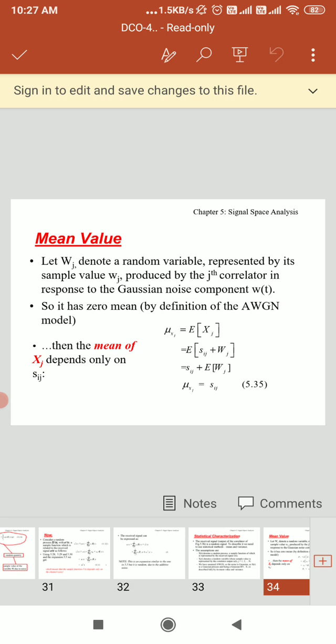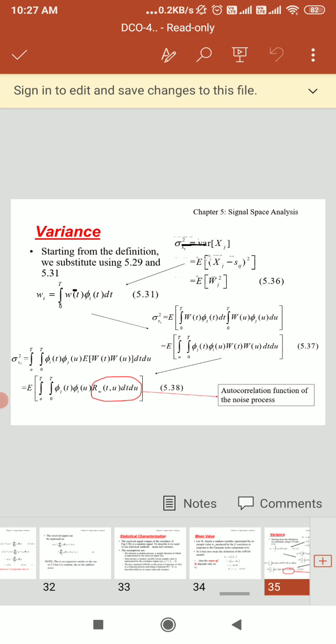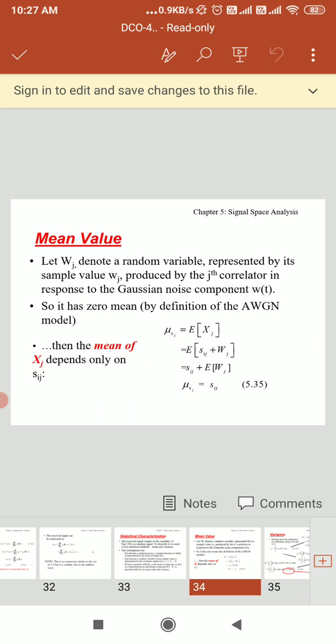So you will get E of xj equal to E of Sij plus wj. Now we take Sij outside as a constant, so we can take E of wj, and E of wj equal to 0. You can directly equate mu xj equal to Sij. So it only depends on the scalar coefficient.